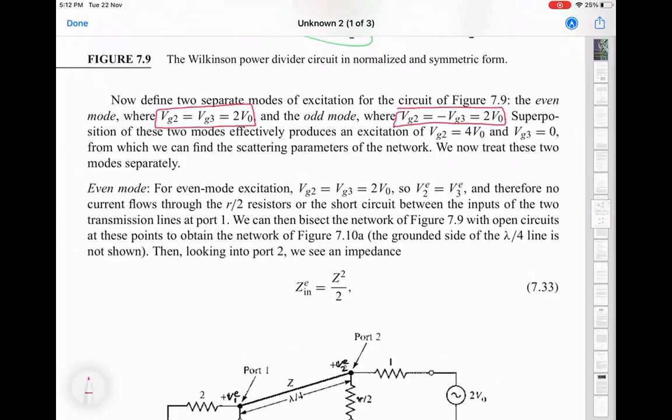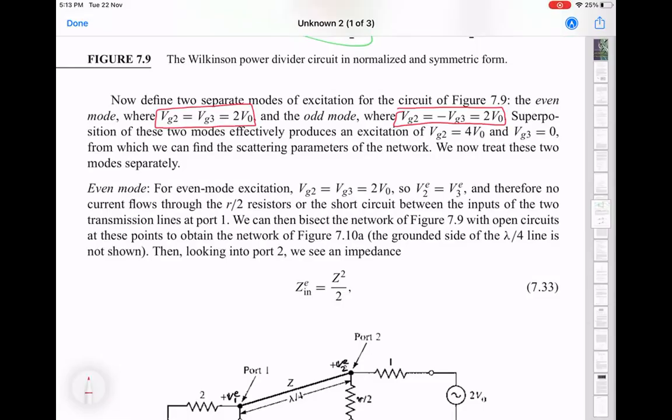This is again a general term which will come up in many other microwave circuits as well. Even mode usually means that things are going up and down together. Odd mode means they are going in opposite directions. So even mode is VG2 equal to VG3 equal to 2V0, and odd mode is VG2 equal to minus VG3 equal to 2V0.